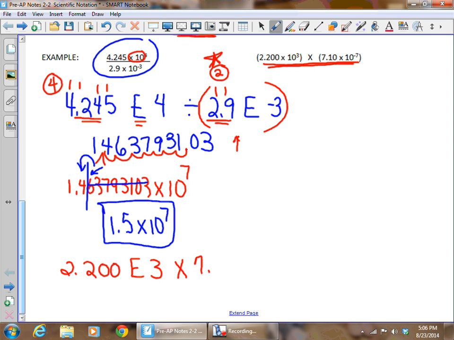And then 7.10, don't push times 10. That is the most common mistake. You push times 10 and you're going to mess up. So 7.10, whatever your E button is, and then your negative symbol, not subtraction, but negative, and then 7. And then hit enter.